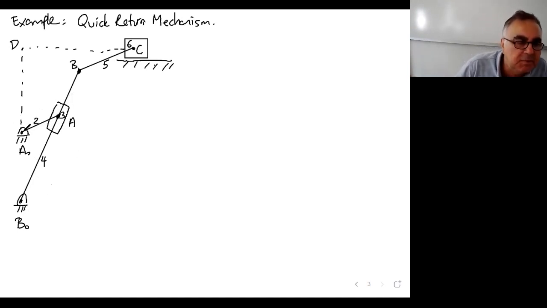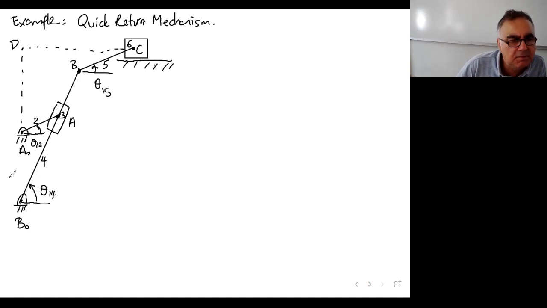Now for the variables, this angle is theta 1, 2. This angle is theta 1, 4. This angle is theta 1, 5. These are variables.